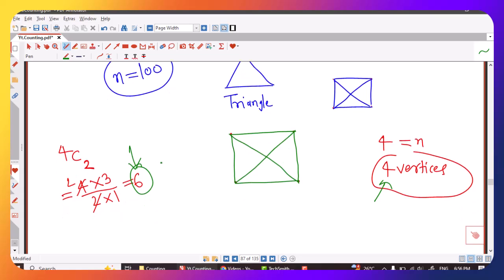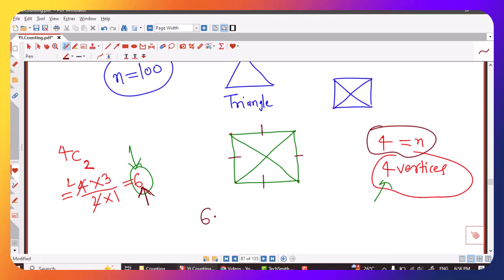Now we are interested in the number of diagonals. So we know that these four sides are not diagonals. So out of these 6 line segments, which we can construct by joining two vertices out of four vertices, n equal to 4 line segments are sides of the square.